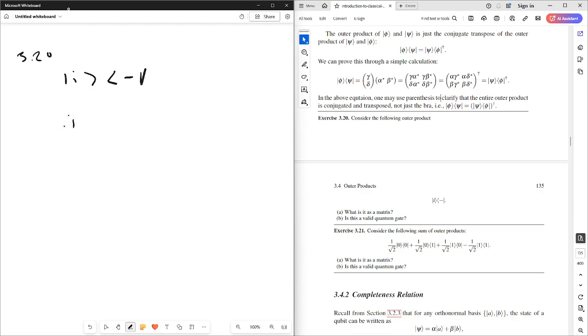So I is equal to the superposition 1 over square root of 2 times state 0 plus I state 1.